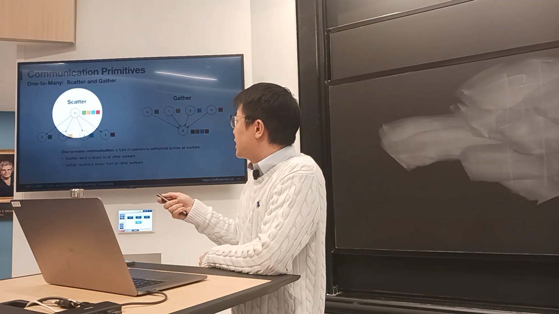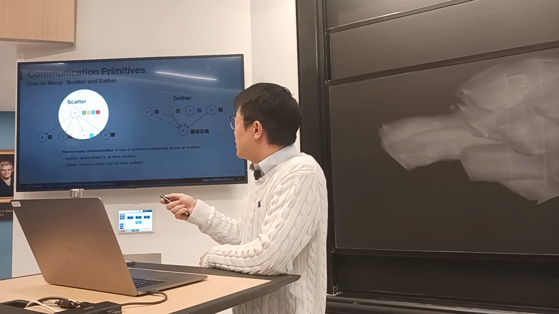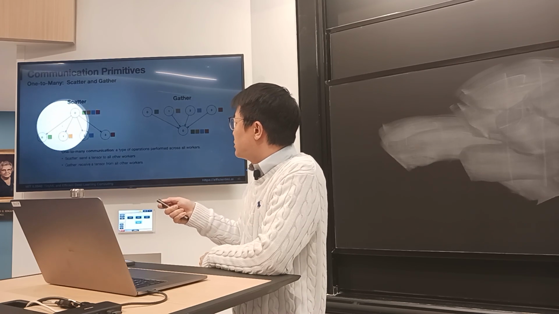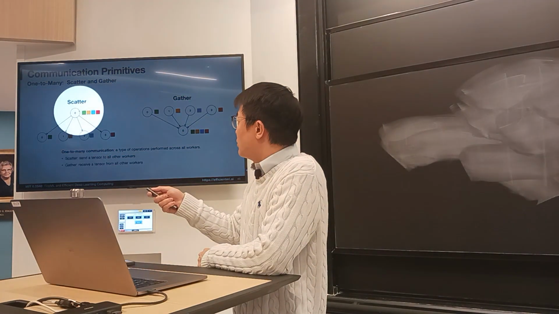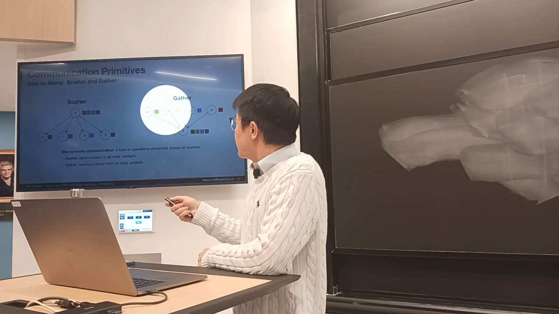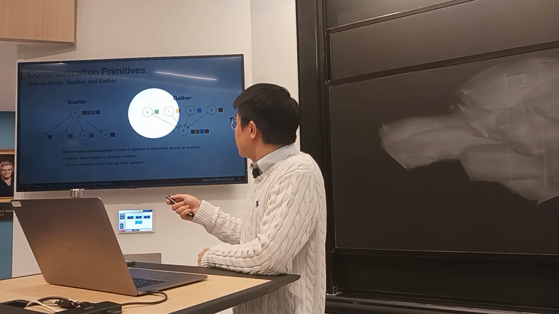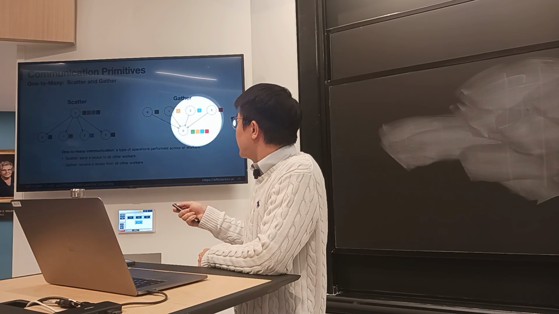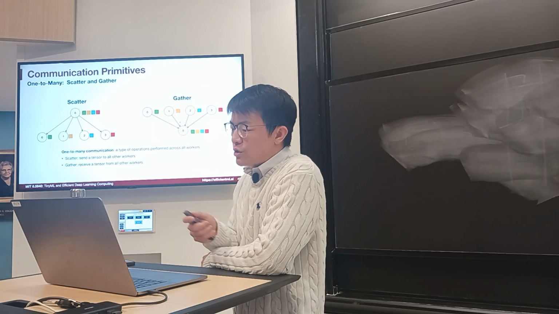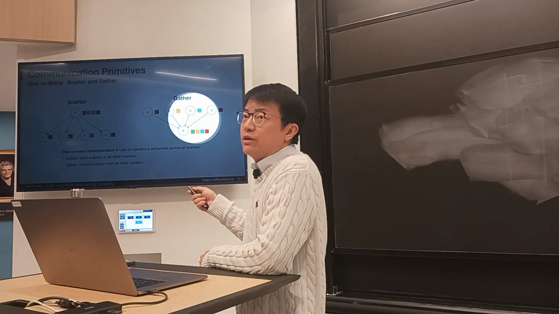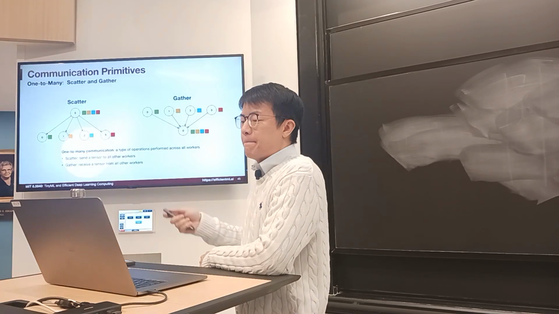Scatter basically sends a tensor to all the other workers. The tensor has 4 components. It will send them to 0, 1, 2, 3. So this is one-to-many. And gather is basically the reverse, many-to-one. We gather the data from worker 0, worker 1, worker 2, worker 3, and gather everything to worker 0. So receiving the tensor from all other workers is called gather. It's many-to-one, versus scatter is sending the data to many servers, one-to-many.